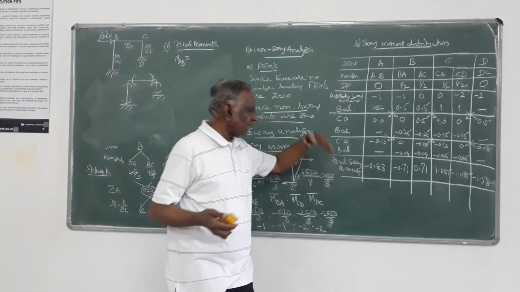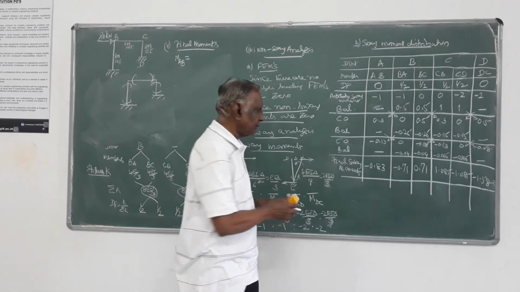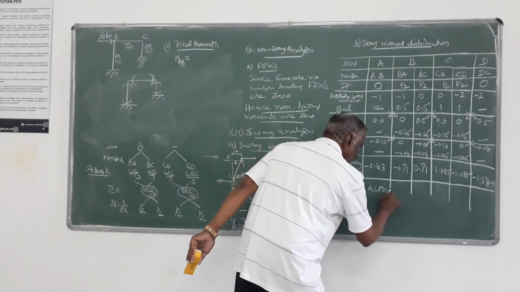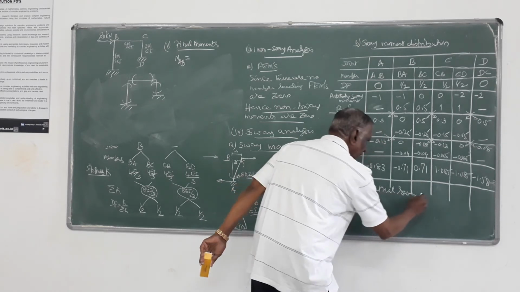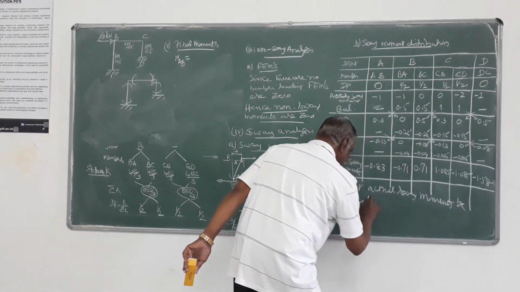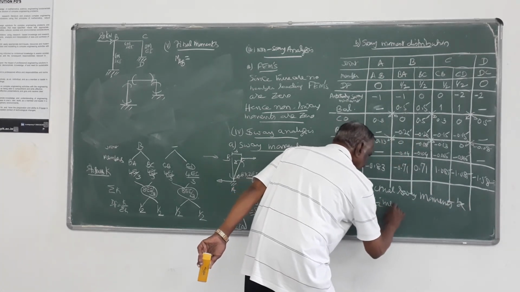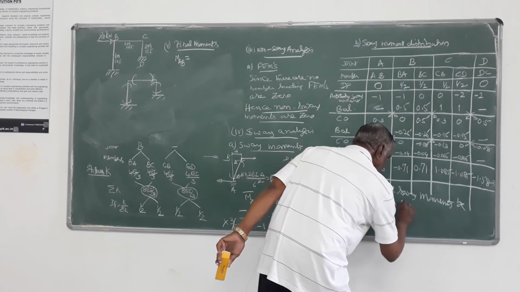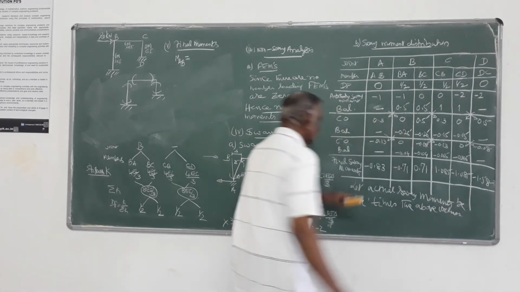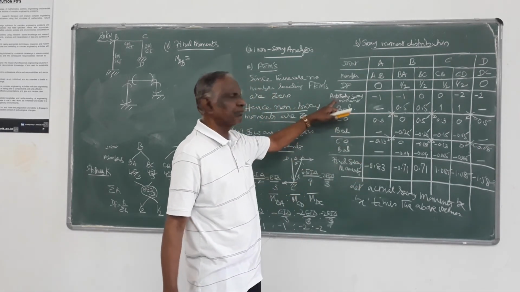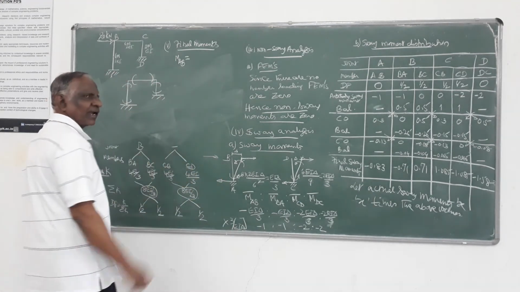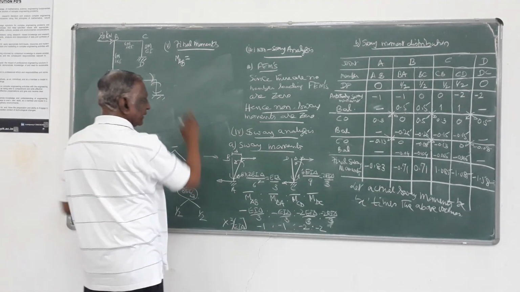We say let the actual sway moments be x times this arbitrary value. So these are all due to arbitrary sway. So the actual sway moments are x times this. Therefore the final moment will be MAB non-sway.